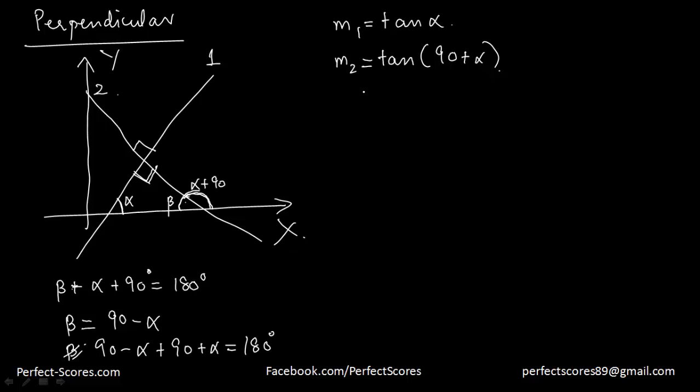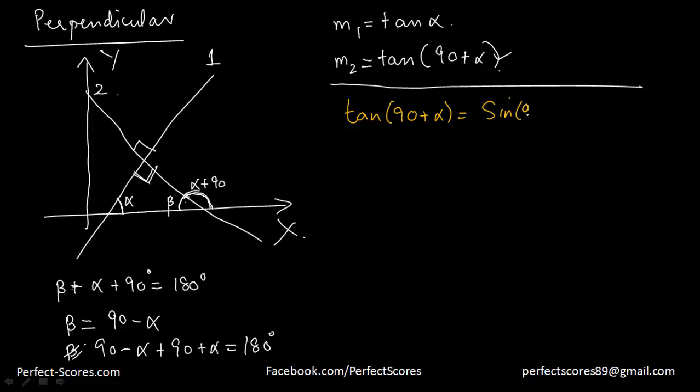So now if we expand this tangent of 90 plus alpha, it's going to be equal to sine of 90 plus alpha divided by cosine of 90 plus alpha. And if you watch the trigonometry video, you will know that the value of sine of 90 plus alpha is equal to cosine of alpha.